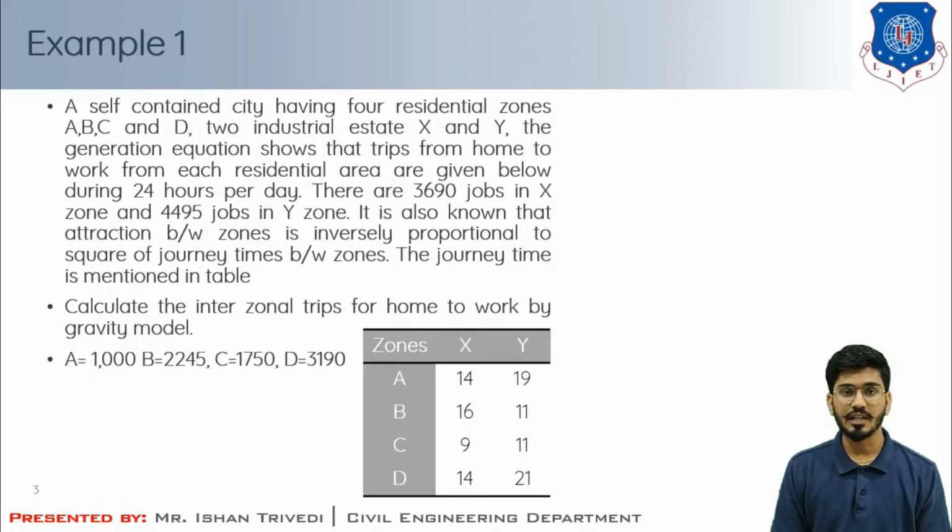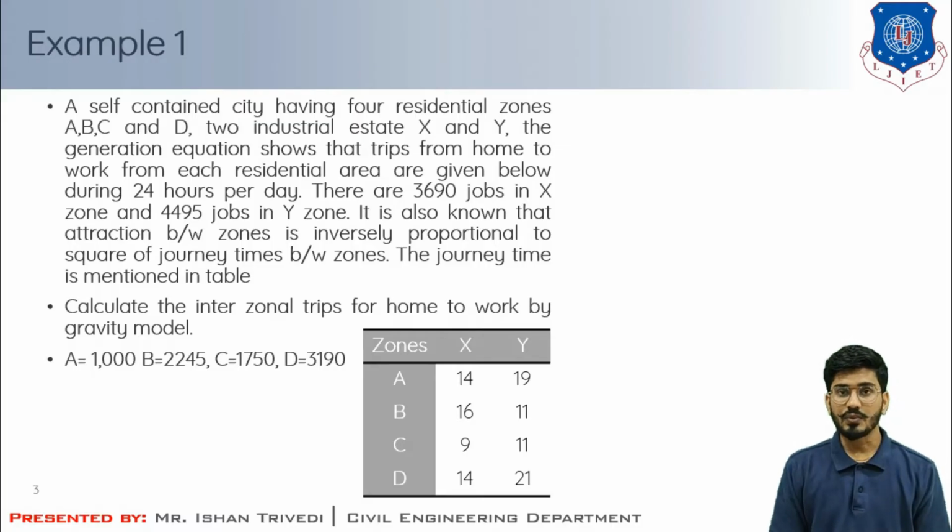You can see the zones and the X and Y industries. From A to X, the journey time is 14. For A to Y, the journey time is 19. Similarly, we have the values for B, C and D and their respective journey times to the X and Y industries.